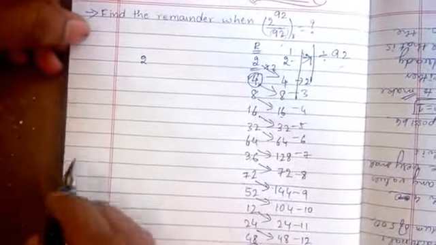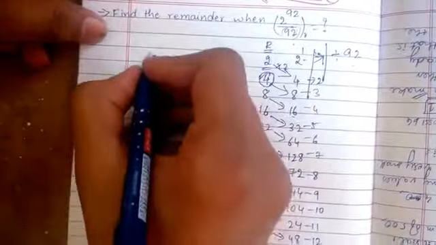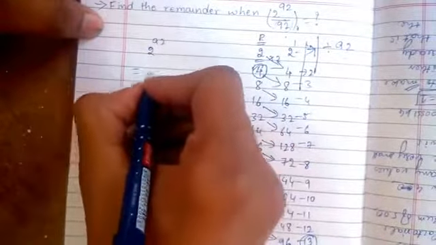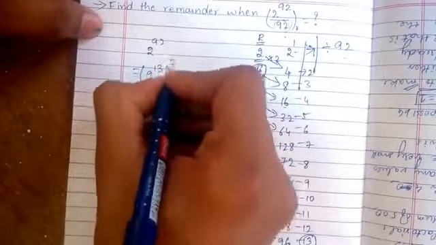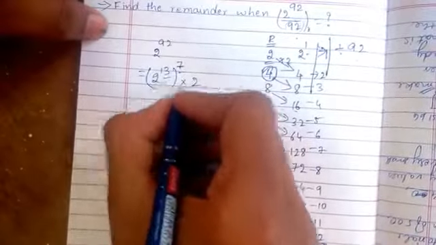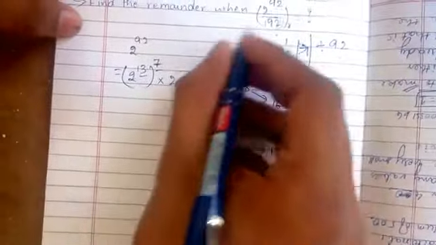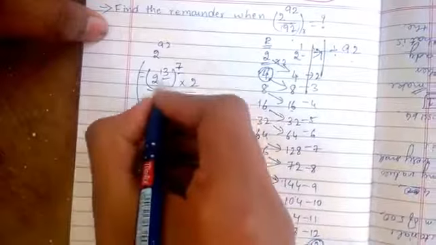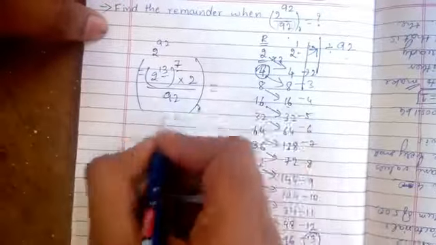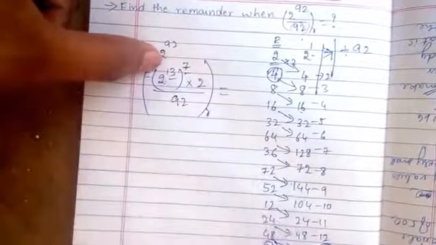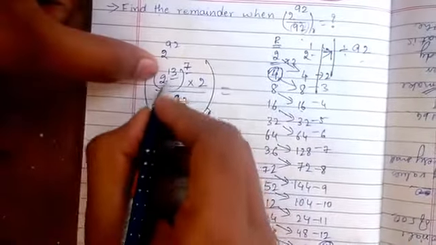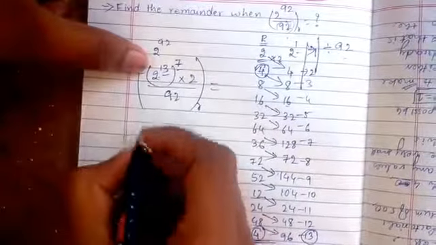Now to simplify this question, 2 power 92 will be written as 2 power 13 whole power 7, which accounts for 2 power 91, and into 2 will make it 2 power 92. This has to be written as 2 power 91 into 2 by 92, whole remainder. Now 2 power 13 gives me a remainder 4, as we know from this tabulation, and so I will take it as 4 directly.